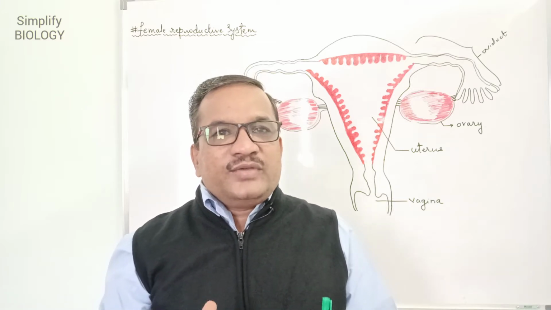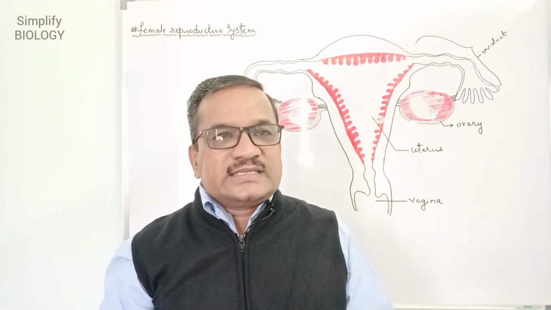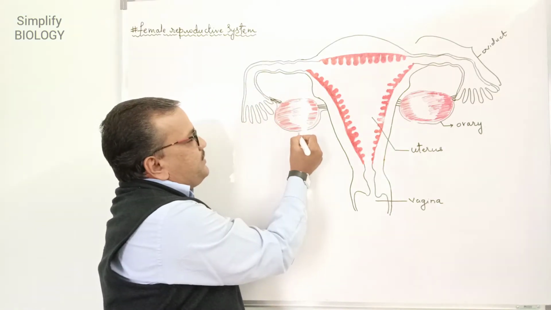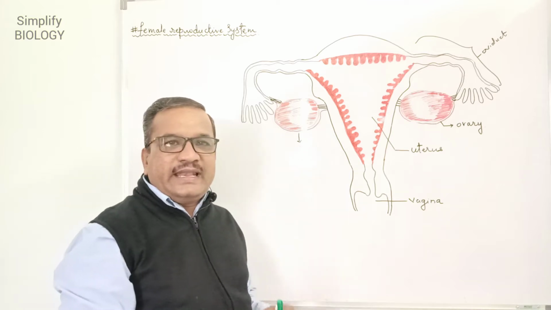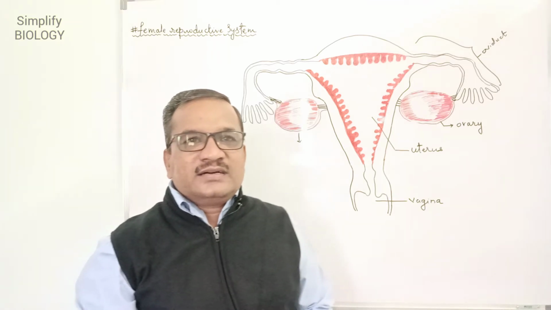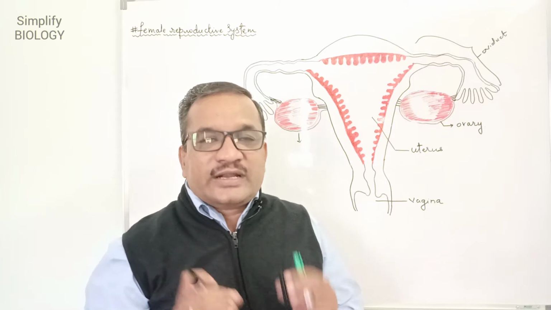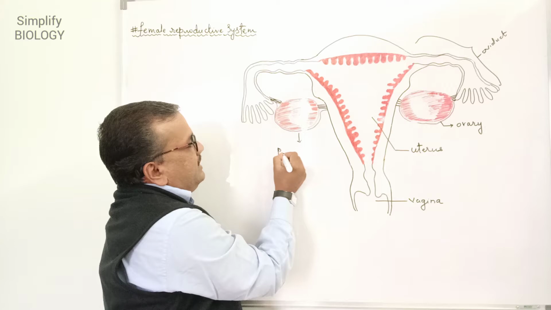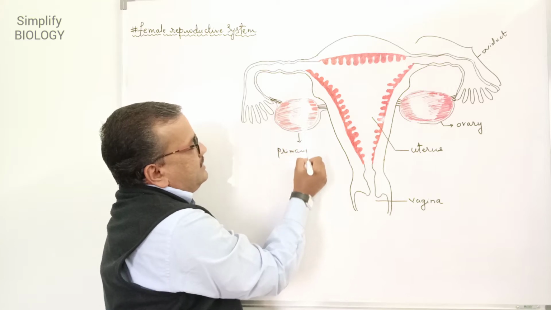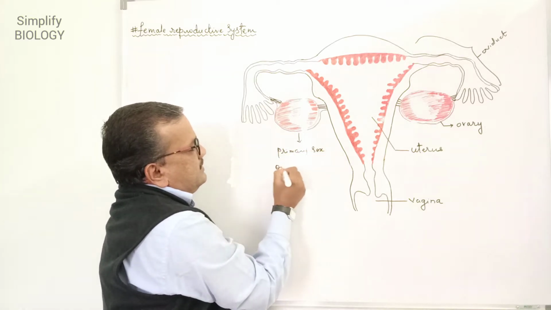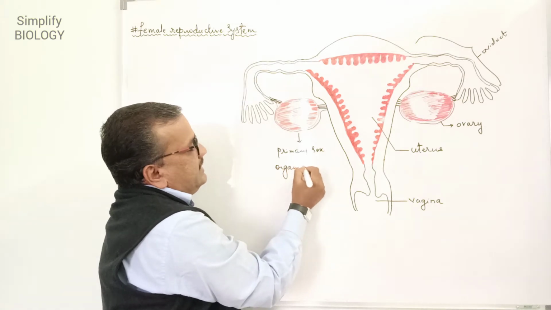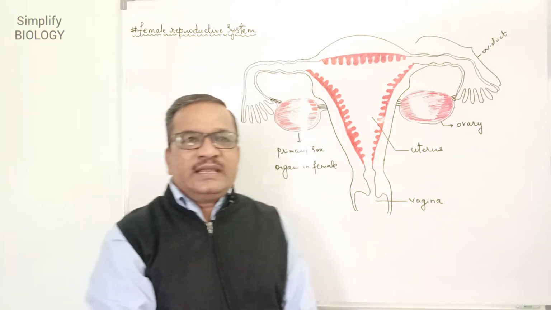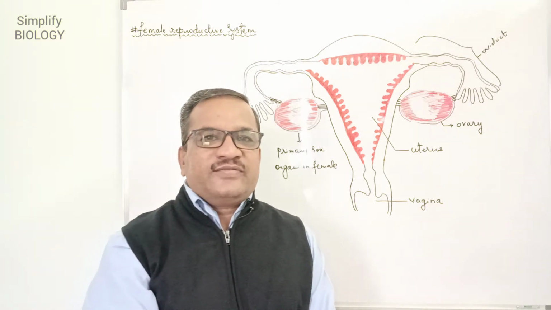So these are all the organs of the female reproductive system. Now one by one we are going to see the organs in detail. The ovaries present within the female are the primary sex organs of the female.